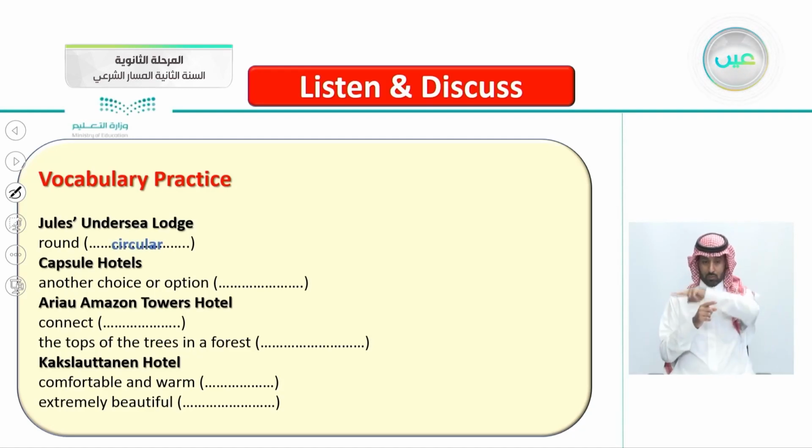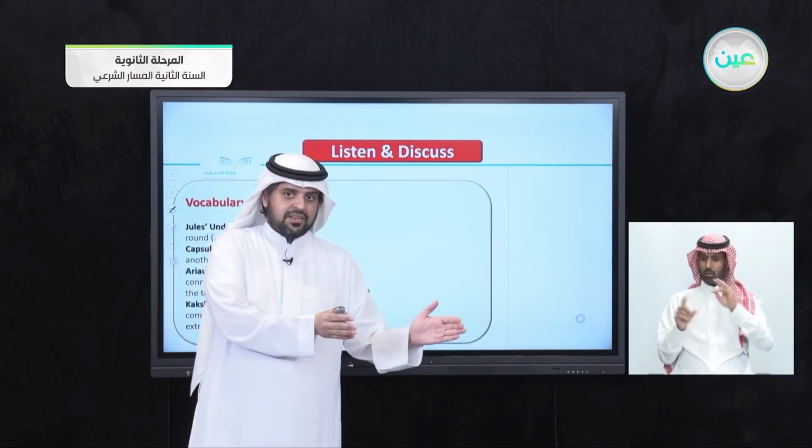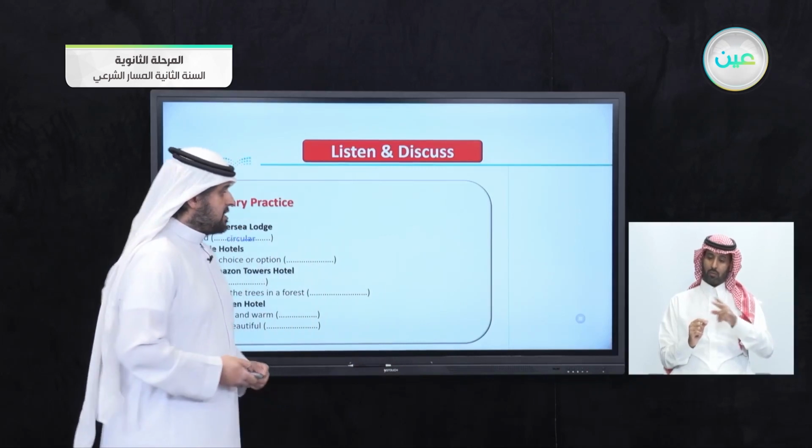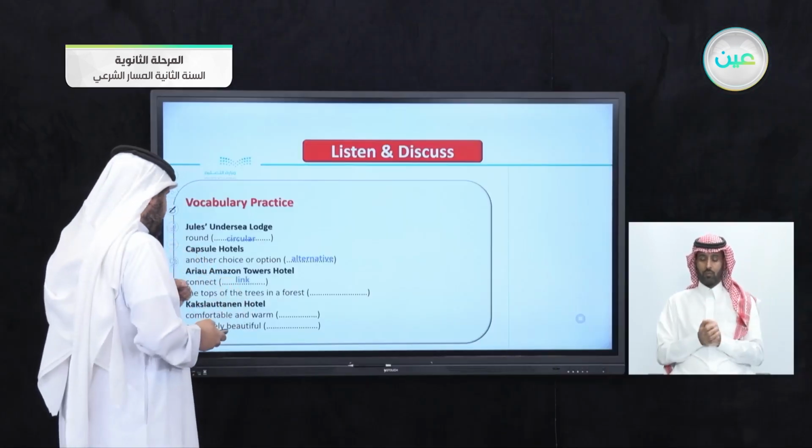In the second article, the capsule hotels, another choice or option. Give me a word that means another choice or another option. Yes, that's correct. It's the word alternative. In the Areal Amazon Towers Hotel, give me a word that's equivalent to the word connect. Yes, the word link.